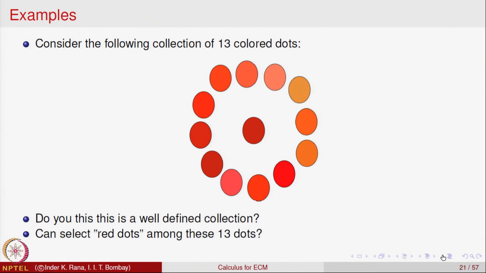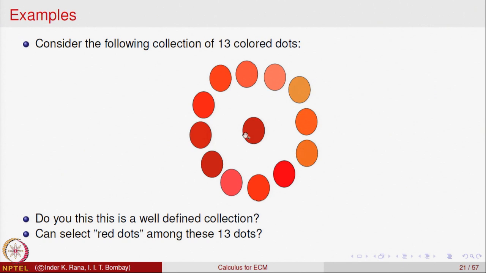Among this collection of 13 colored cards, which you can think of as circular cards, if I ask you to pick up the cards which are red and put them in a separate box, think about it for a minute and try to write down your solution on a piece of paper.